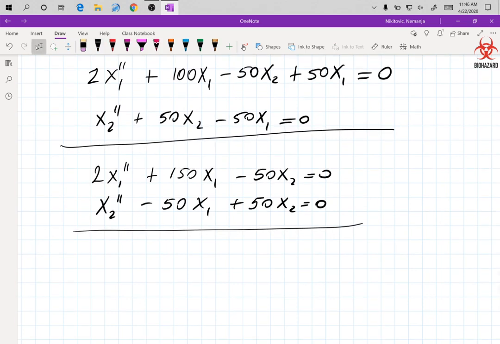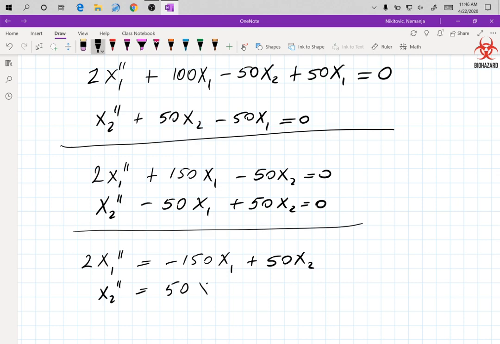And now we move everything to the other side. So I have 2 x1 double prime is equal to negative 150 x1 plus positive 50 x2. And then x2 double prime is positive 50 x1 minus 50 x2.